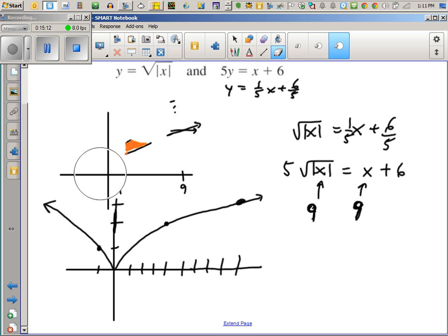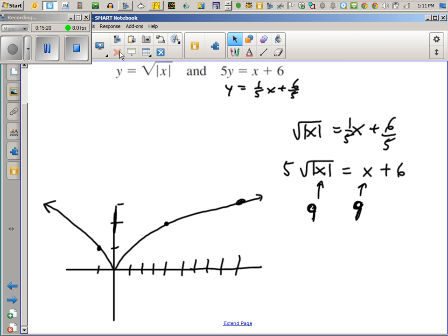I can erase this old stuff. And I've got this line. So the line goes like this.